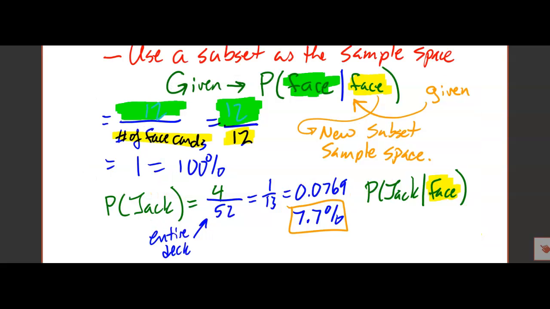So what is my probability of that? It's essentially 4 out of 12, 1 out of 3, 33.3%. So the main idea here about regular probability versus conditional probability is that conditional probability changes your sample space. And this is a pretty good example of how it works. All right, so we're going to head back over to the notes.